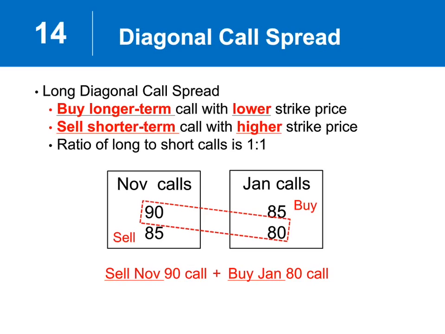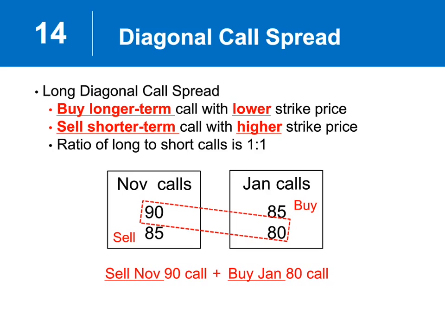With our diagonal call spread, we buy the further out or longer term call option with a lower strike price and sell a nearer term, short term call option with a higher strike price.